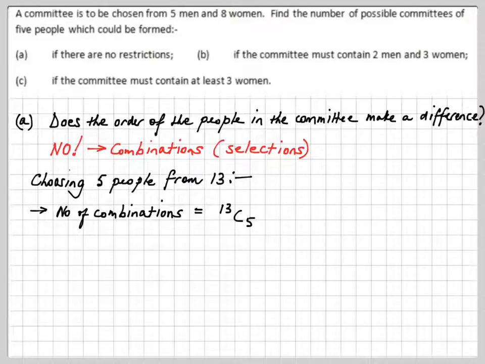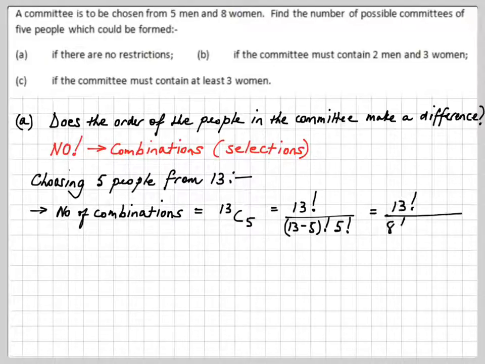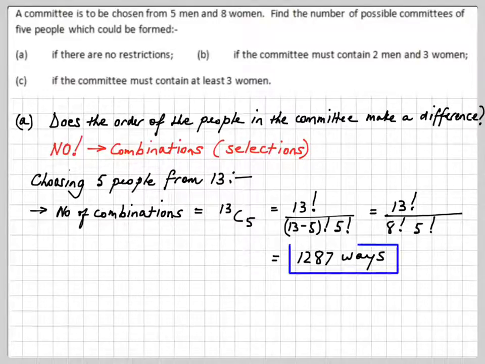There's an extra factorial on the bottom. It's 13 factorial over 13 minus 5 factorial times the 5 factorial, okay? And that gets us 1,287 ways. Goodness gracious, that's a lot of committees. Thanks, Mr. Box. Okay, you're okay with that?